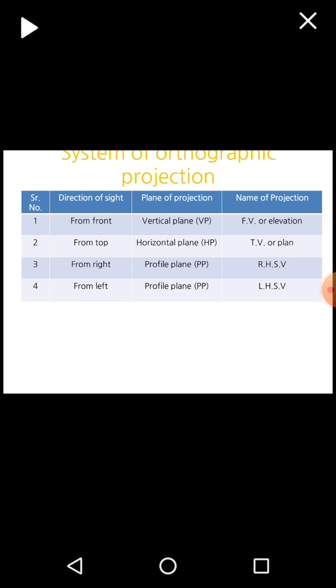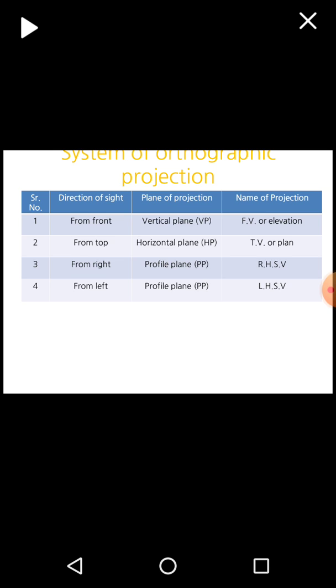So in the system of orthographic projection, as I have told you earlier, the projection we take on the vertical plane is called the front view or elevation. Similarly, the projection we take on the horizontal plane is called the top view or plan.